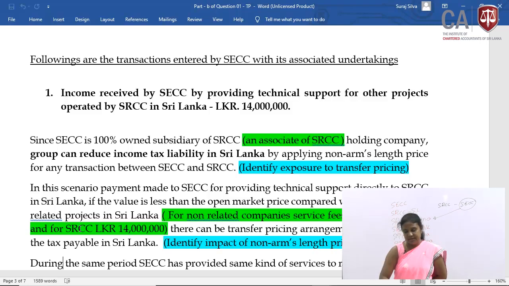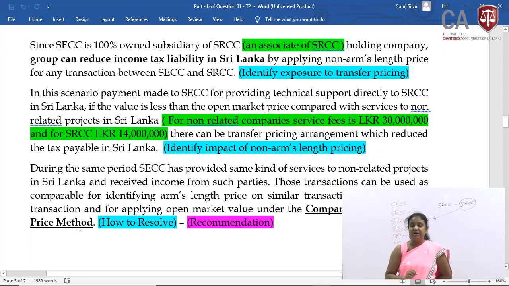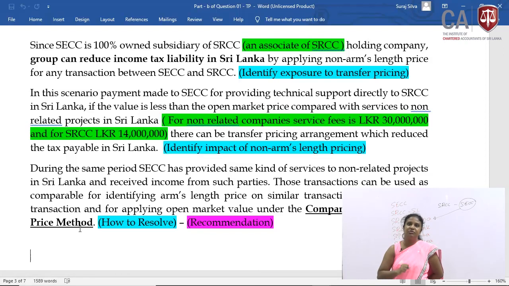That's the first step. And the second part, in this scenario, taking the information from the question, apply it to the transfer pricing answer. In this scenario, payment made to SECC for providing technical support directly to SRCC in Sri Lanka is an issue if the value is less than the open market value compared with service to non-related projects in Sri Lanka.